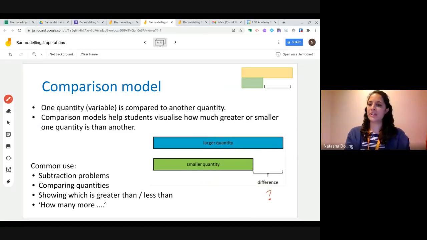And so your question mark would now be here. They're most commonly used with subtraction problems when you're comparing quantities, showing what is greater than or less than, that's the biggie. And then, really importantly, how many more. All of those how many more questions can be represented by this comparison model.